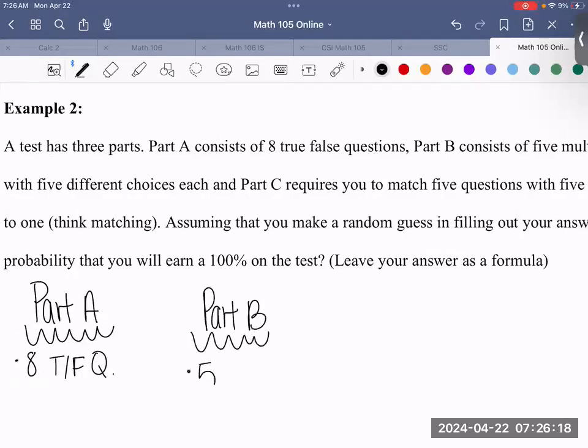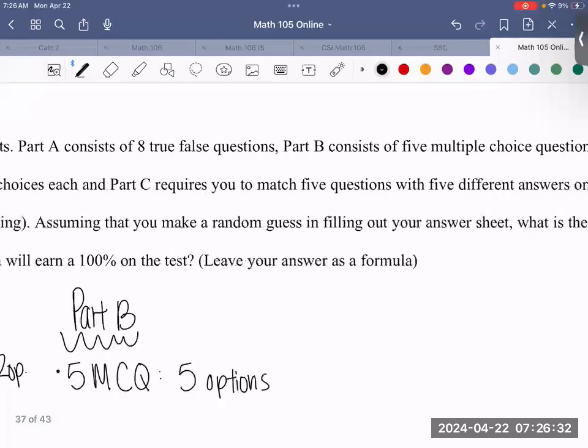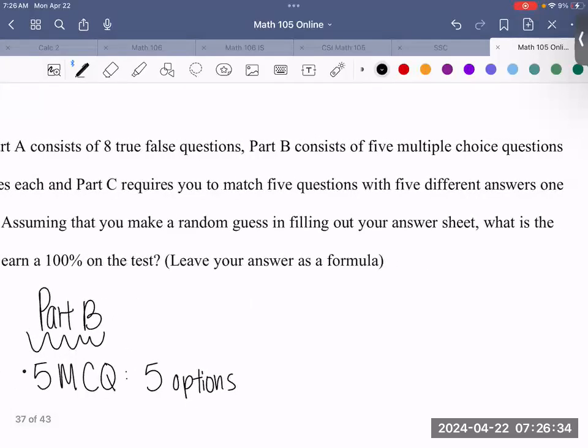Five multiple choice questions with 5 different choices, 5 options. This one has 2 options. Part C requires you to match 5 questions with 5 answers, one-on-one.